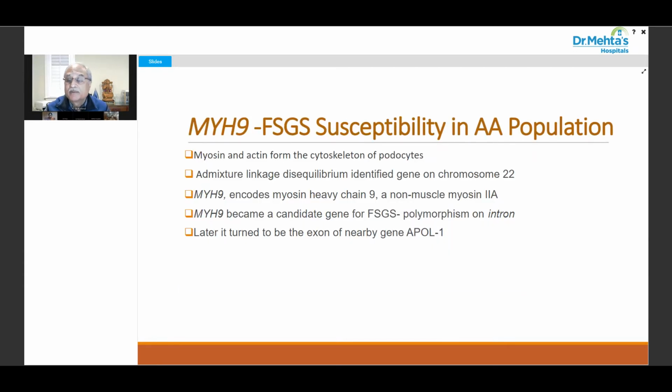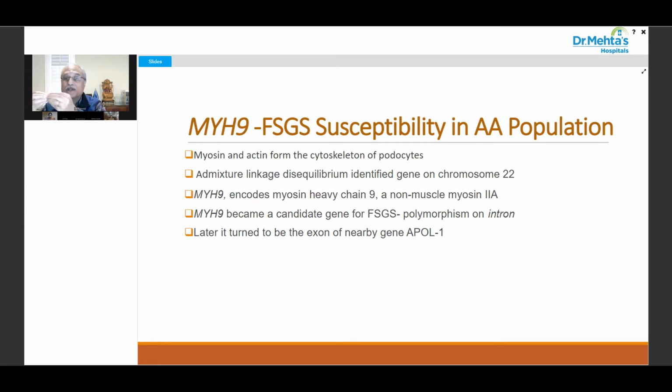One misstep that I think is important to realize in describing the genetics of focal sclerosis: MYH9 was the first gene thought to be a susceptibility gene for FSGS. But it turned out that the MYH9 gene intron and the APOL1 gene exon are quite close to each other.